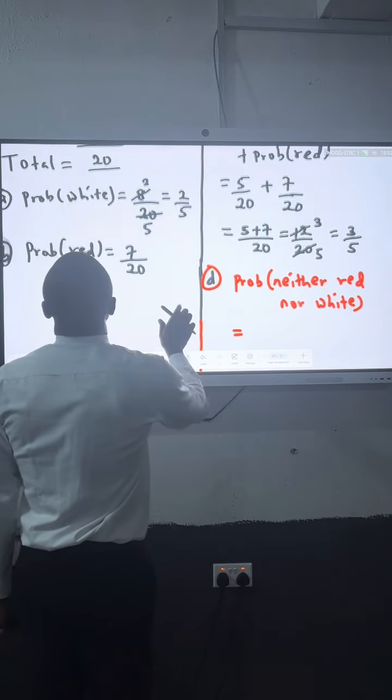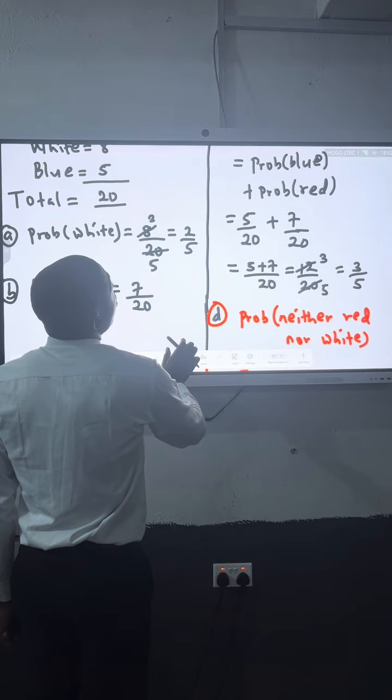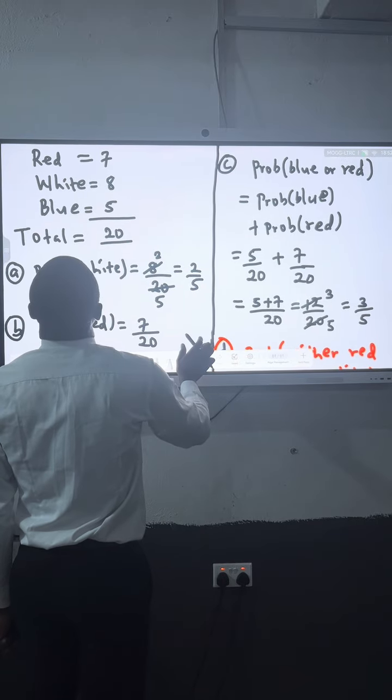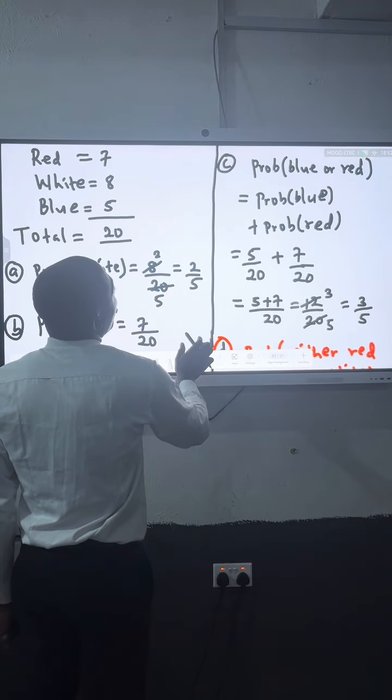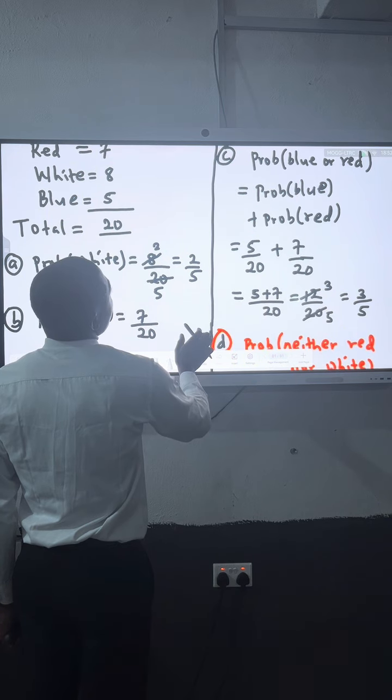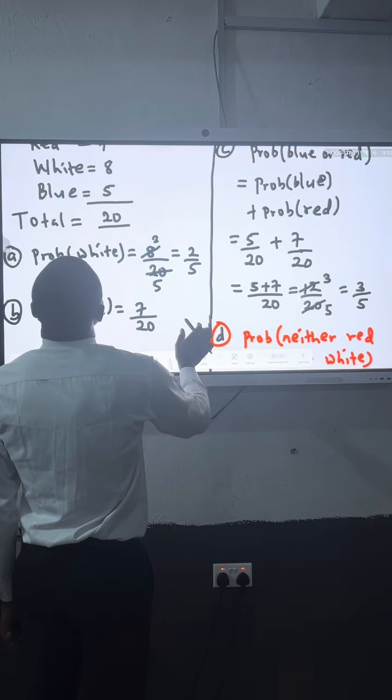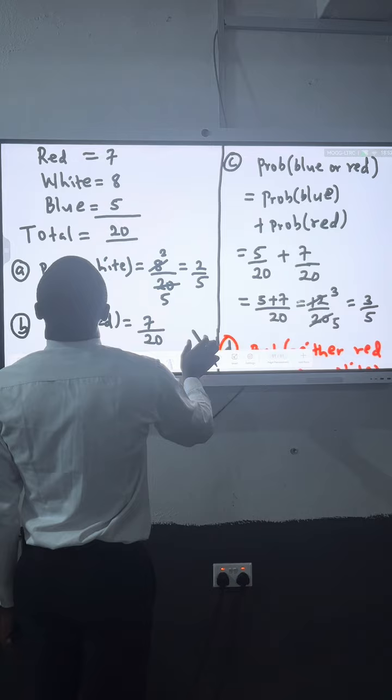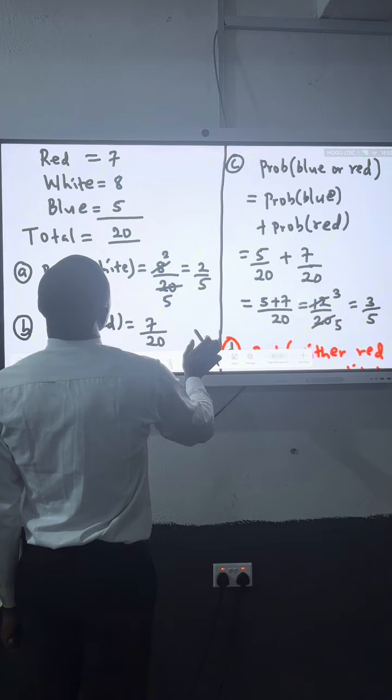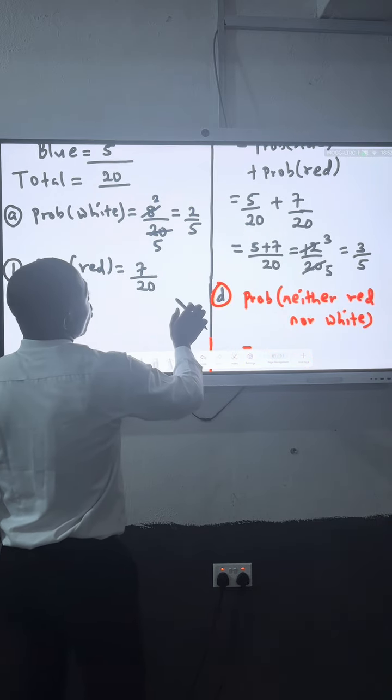And what is the probability of blue? The probability of blue is 5 over 20.